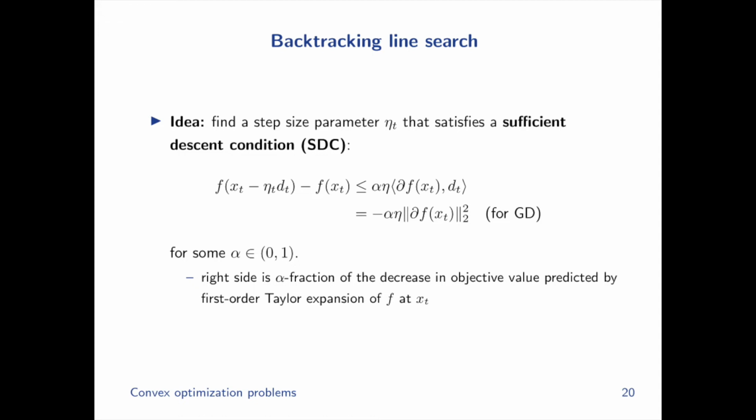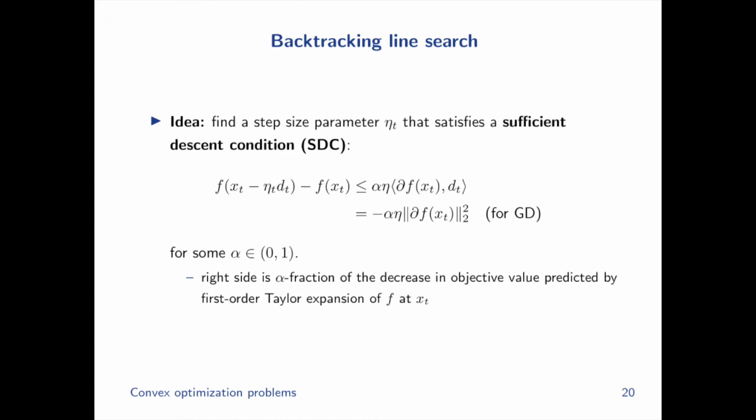When I take a first order approximation to the objective function around the current iterate, by first order approximation I just mean the gradient-based approximation. This gradient-based approximation will predict that the objective function will change by a certain amount as I move within the vicinity of the current iterate. And this prediction of how much the objective function will change is basically my predicted decrease.